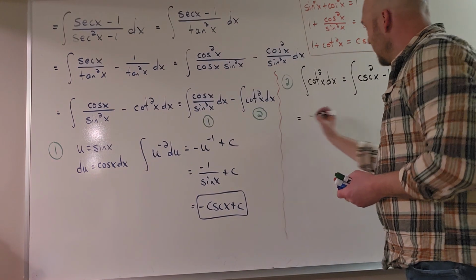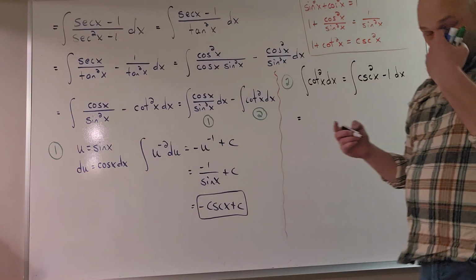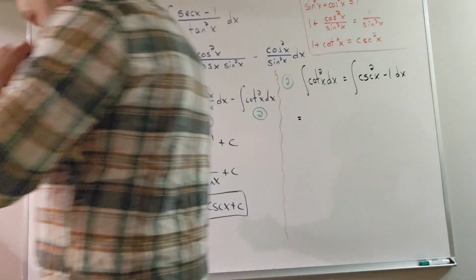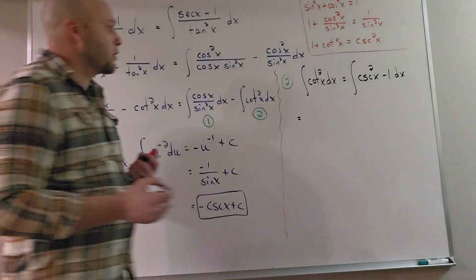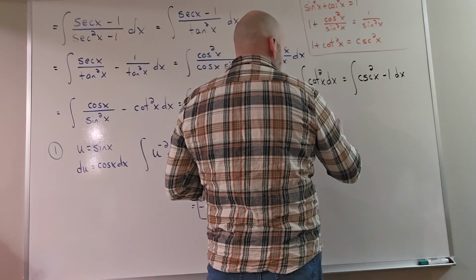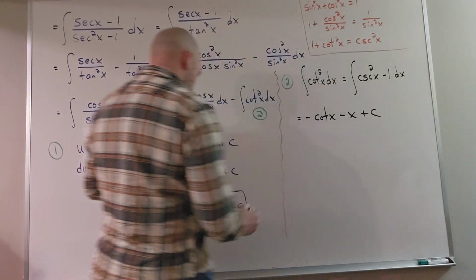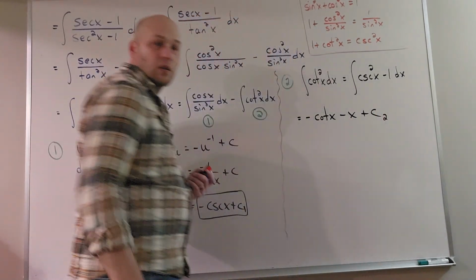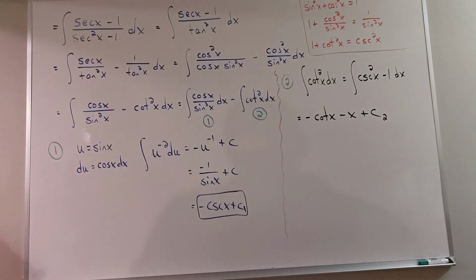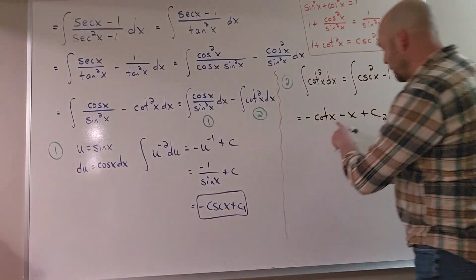Because, well, certainly 1 is easy to take the antiderivative of, and cosecant squared is something that comes up not as often as secant squared, but it comes up often enough. So this gives me negative cotangent x minus x plus c. Let me label this c1, and this constant c2. All right, therefore the value of the integral is going to be this integral plus this integral.